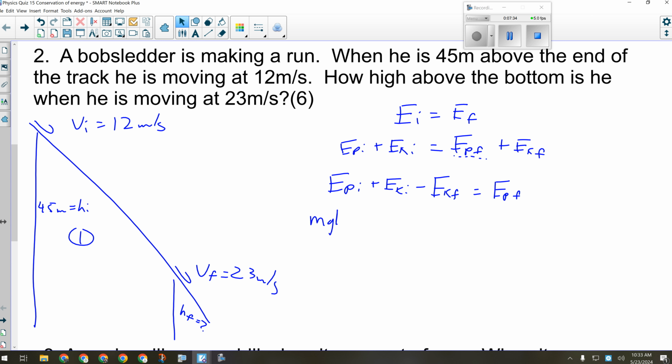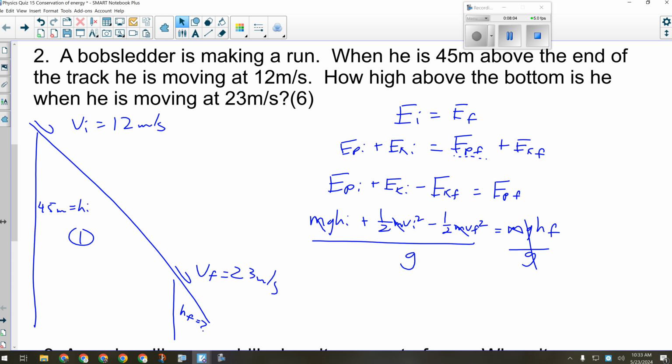So M times G times H initial plus 1/2 M V initial squared minus 1/2 M V final squared equals M times G times H final. What can I do with all the M's in this question? I can cancel them. It's in every single term, so that can go away. What do I do with the G? Divide this G over to the other side so that I can isolate my final height.